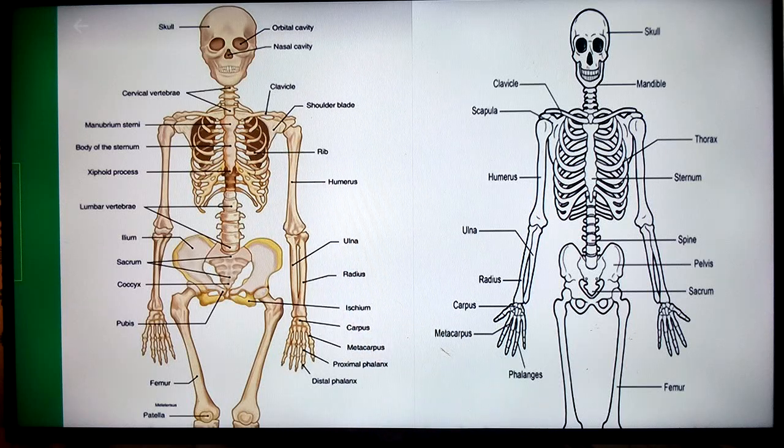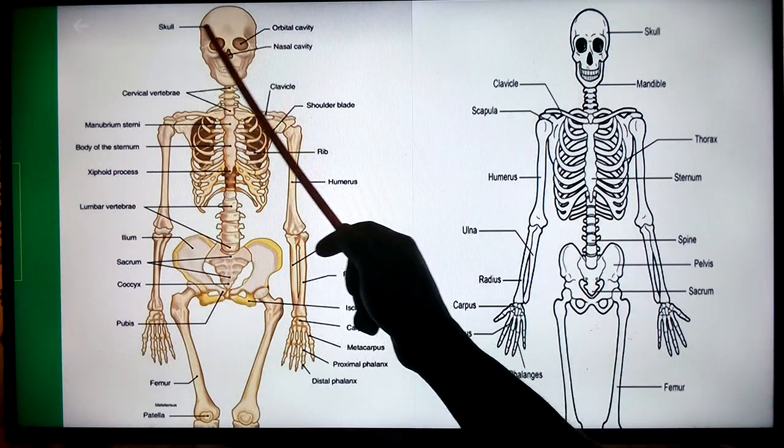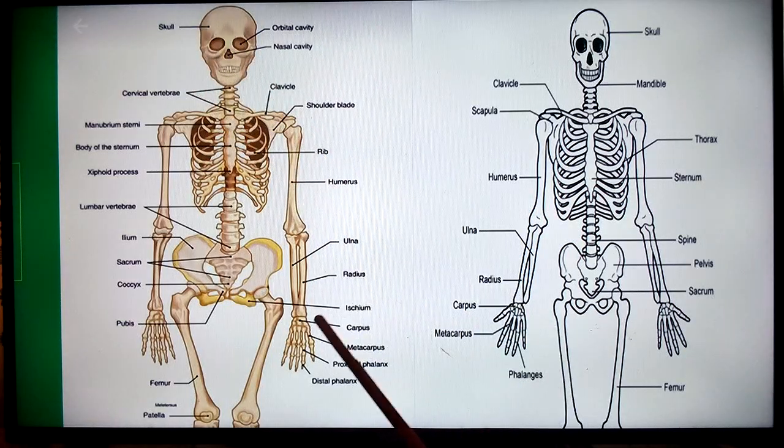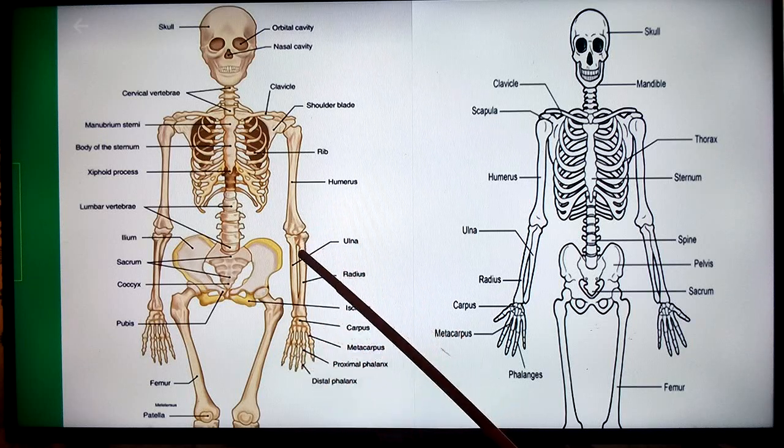Now, basically, the human skeleton has around 206 bones, and we're going to see that some of the bones are contained inside the skull, especially the smallest bones that form part of the ear system.